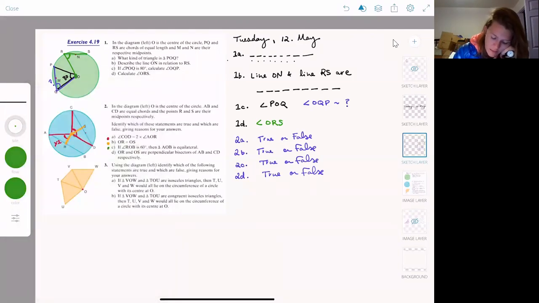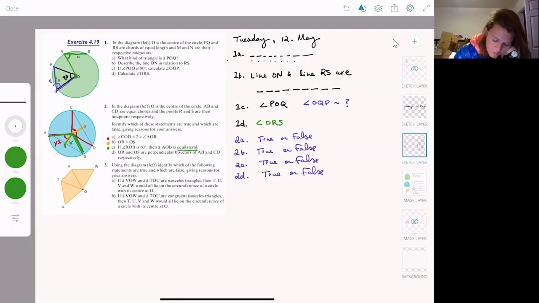C, if ROB is 60, then AOB is equilateral.